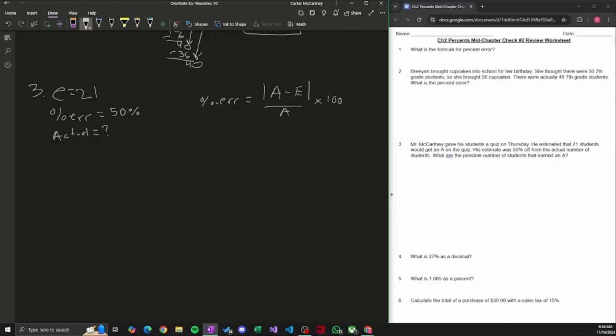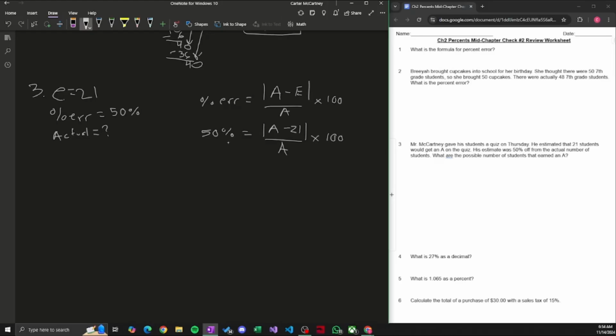So this is actually going to be the percent value. So this is going to be 50% is equal to the absolute value of the actual minus 21, our estimate, divided by our actual times 100.